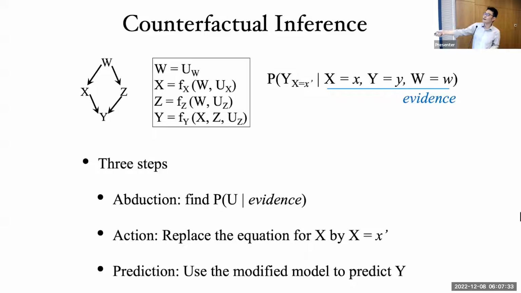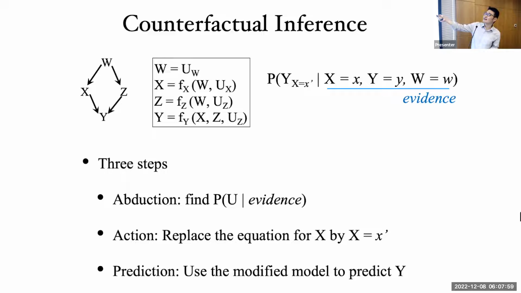Okay, here you can see the standard procedure to answer the question. First of all, you want to find the information of the noise term or hidden unobserved features from evidence. Suppose this is a causal graph. Then each variable is, this is the functional causal model or structural equation model. Each variable, say Z, is a function of its direct causes W and some unobserved factor, noise.